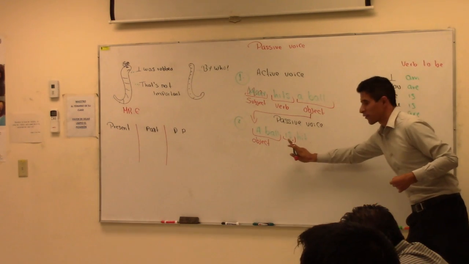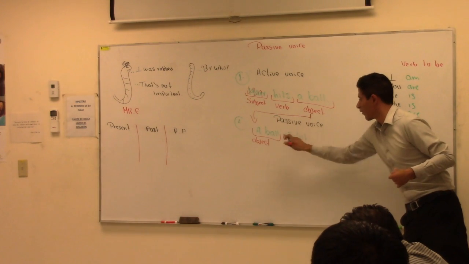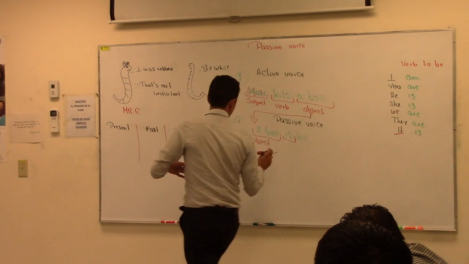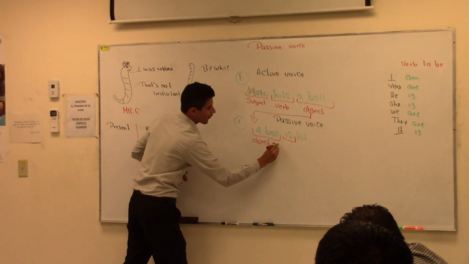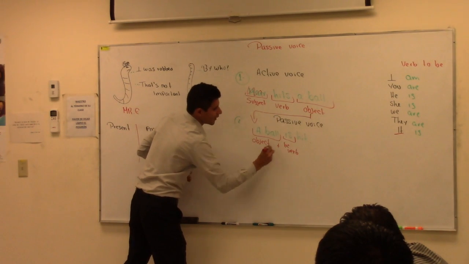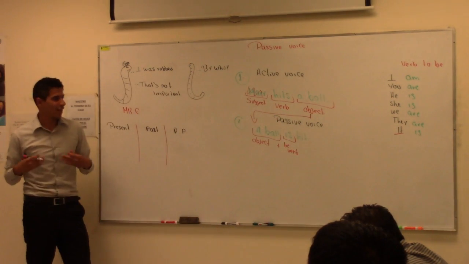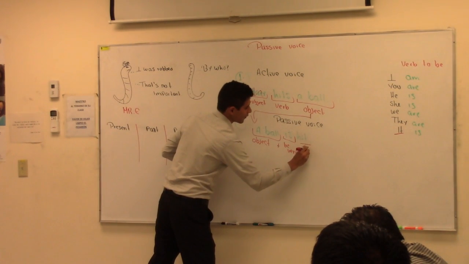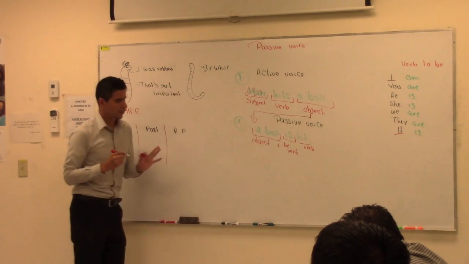So the verb to be that corresponds to a ball is. Why? Because it's it. The ball is it. It is. So we have object plus the be verb, all right, and finally we have the verb, right? All right, so far so good.